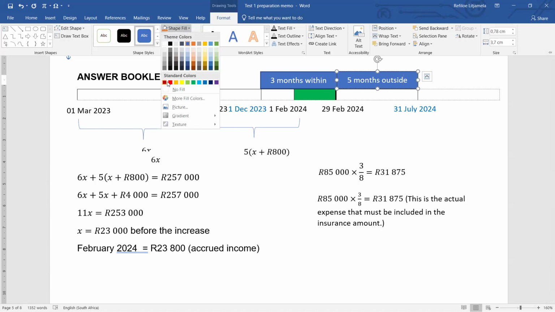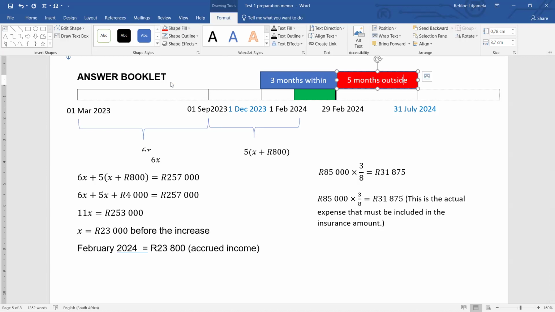They indicate the insurance amount that we have to recognize as prepaid expense. And the one that is falling inside the financial year is the actual expense that must be included in the insurance amount.